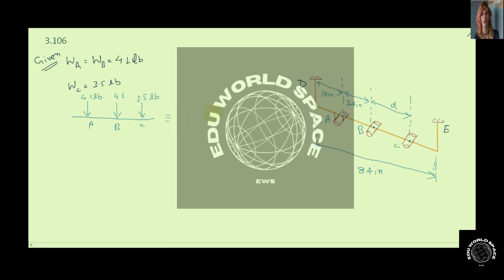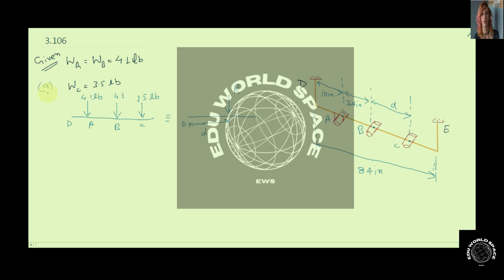We have to replace this system by an equivalent system where an equivalent resultant force should act from the point D. Let's say its distance is D, and in the first problem they have provided the distance small d, and the value of d is 25 inches for the first case.